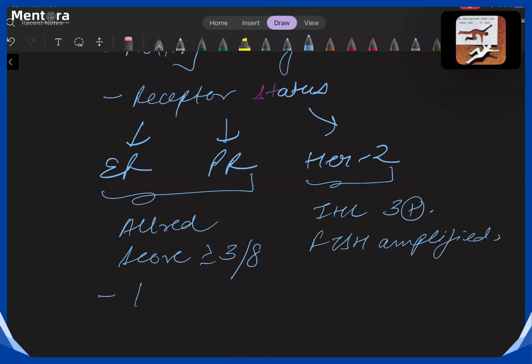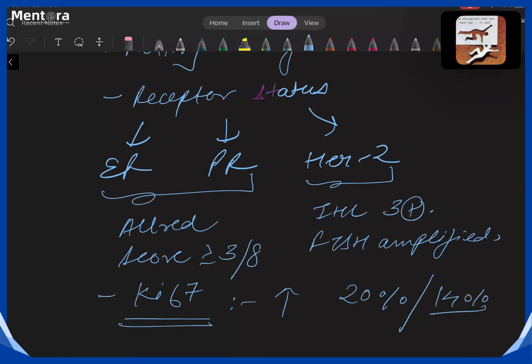And the fourth important thing would be the Ki67. So Ki67 is a proliferative indicator of the tumor. More Ki67 means a highly proliferative tumor. It helps us to divide luminal into luminal type A and type B. The value is quite arbitrary. Some centers say it is 20%, some centers take 14% as a cutoff.